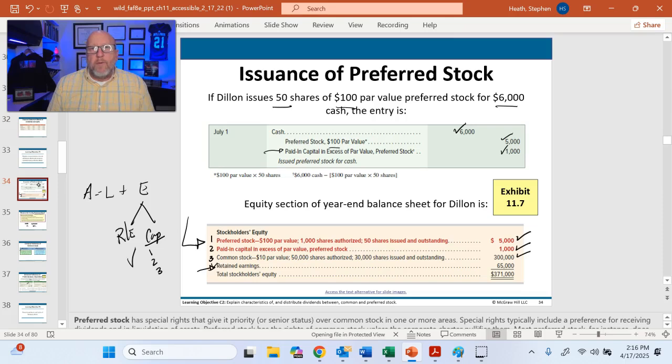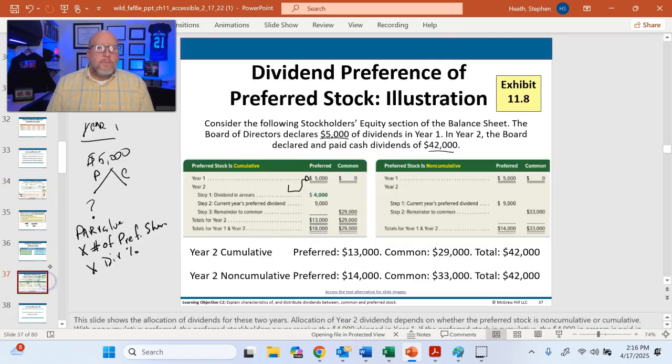So they're saying the par value of our preferred stock, we definitely know that. The par value was $100, okay? And we issued 50 shares. So the par value times the number of shares outstanding is 5,000. Okay.